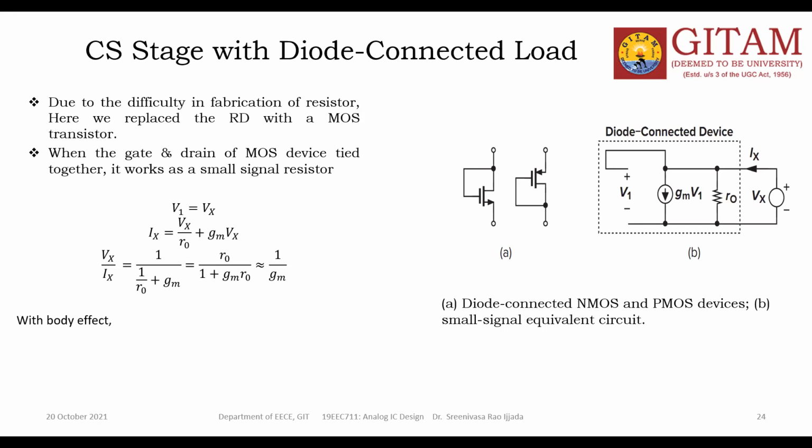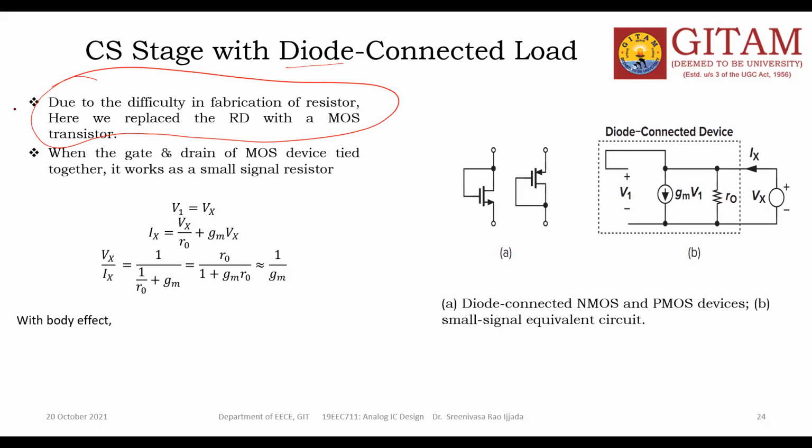The next one is, in place of load RD, I'm going to use the diode. Why? This is the reason. There is a difficulty in resistance manufacture. In silicon area, IC application, resistance we almost neglect. We are trying to avoid using resistors.